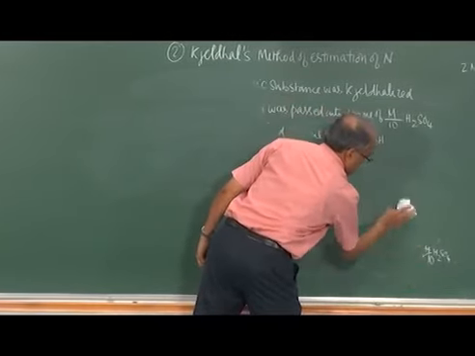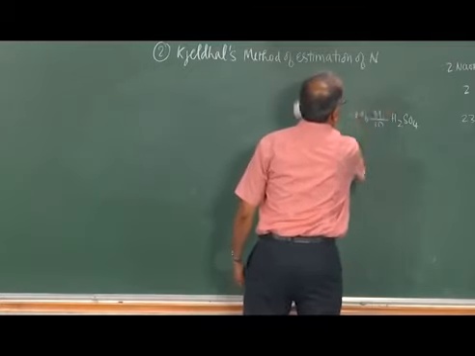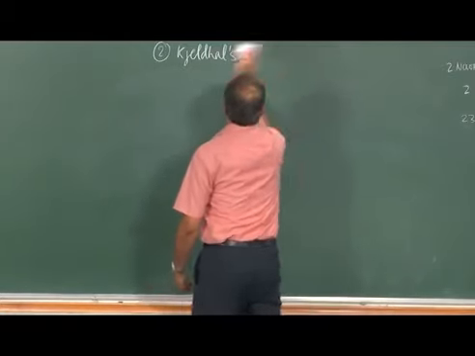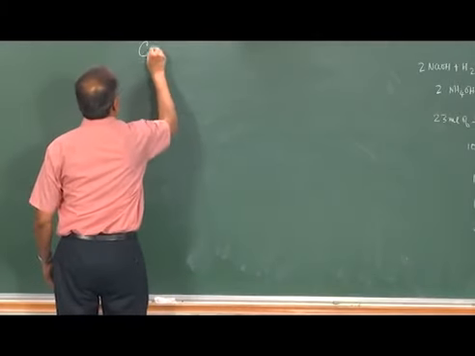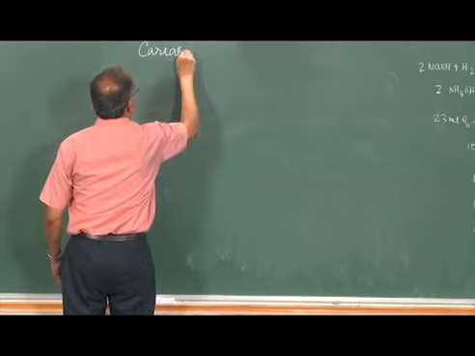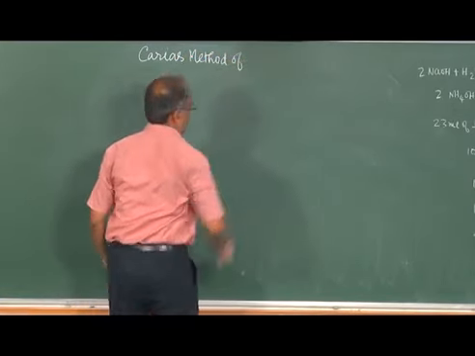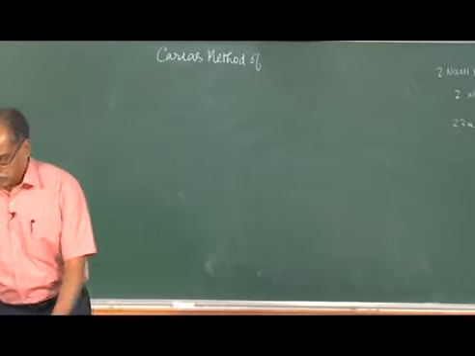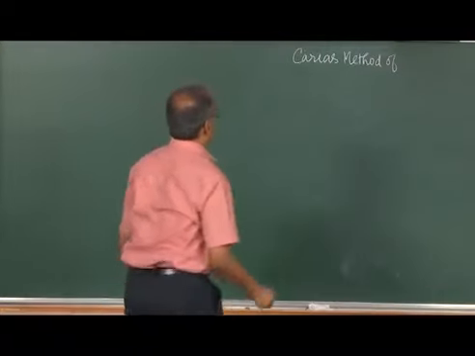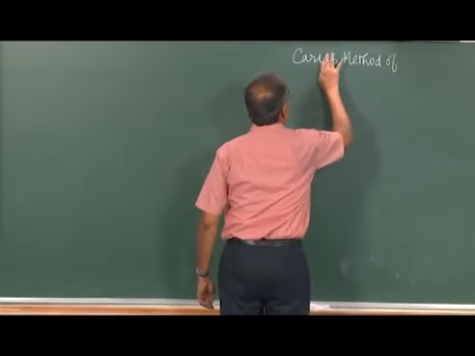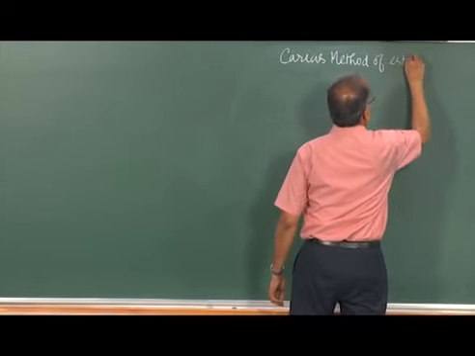The next estimation is halide estimation. Estimation of halogen is done by the Carius method. Carius method of estimation of halogen.